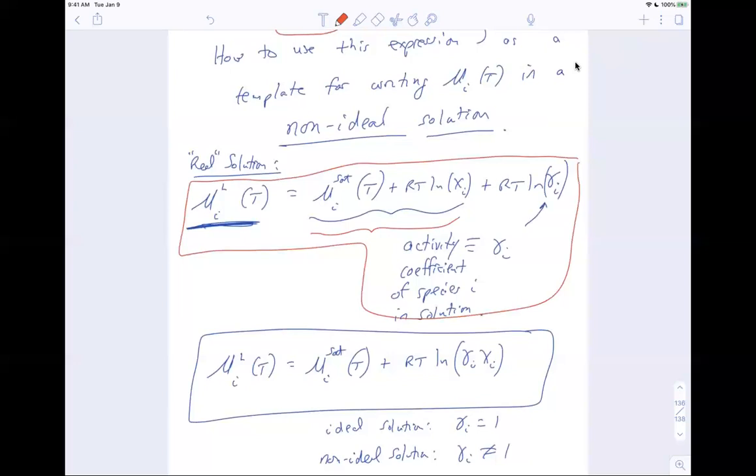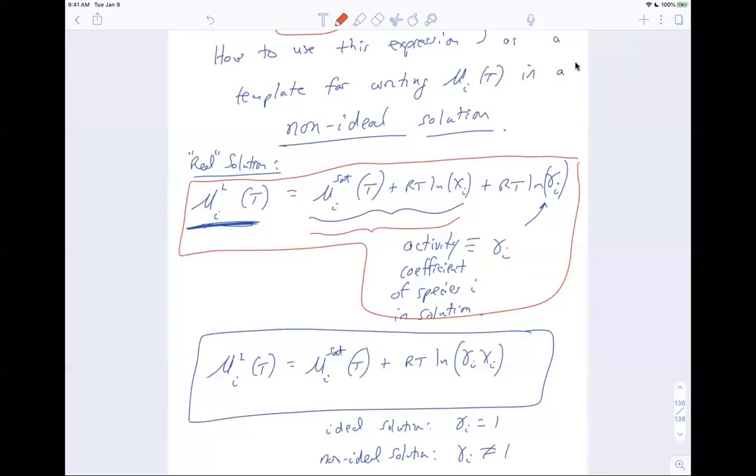And now we're just going to tack on the term, which we can derive rigorously, but I haven't. I've just given you the final result, that RT log gamma I is this difference between the ideal case and the non-ideal case. Okay.